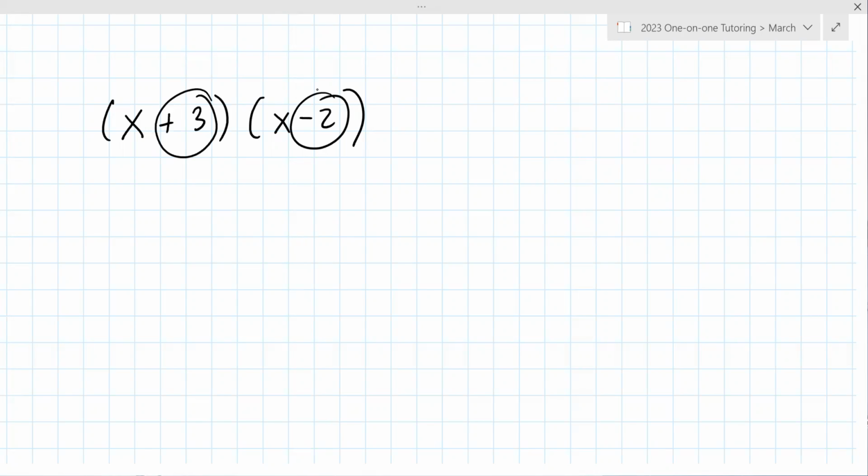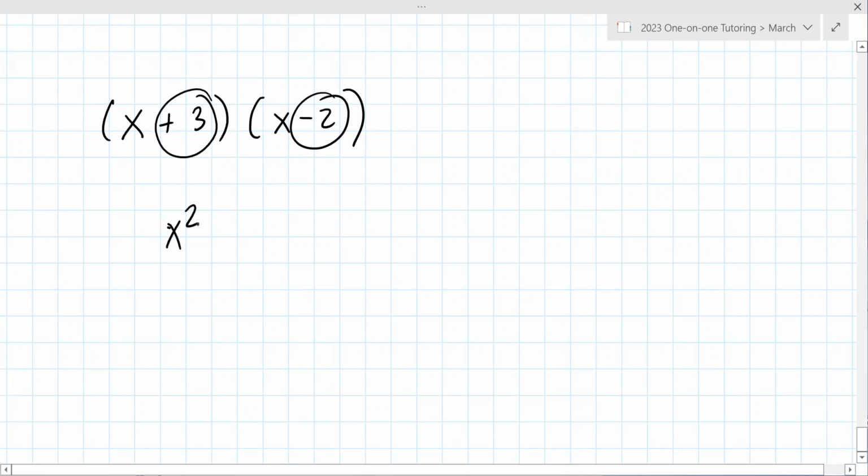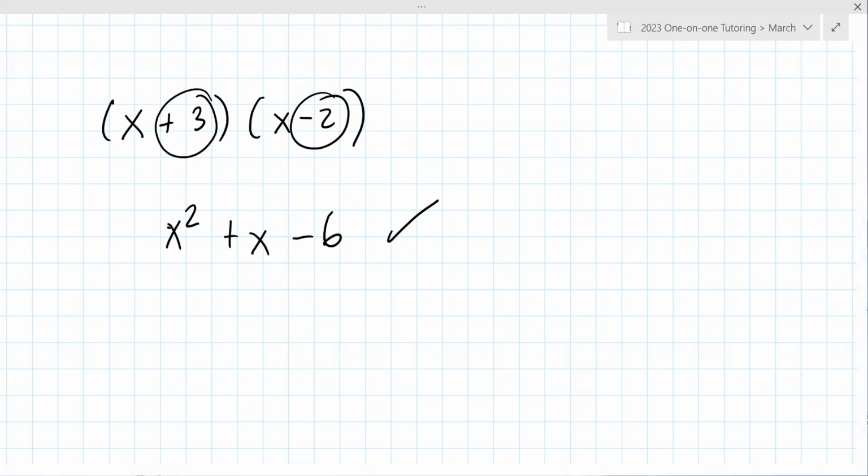So x squared plus x plus -6. Very good. Okay. There's a million worksheets on that on the internet.